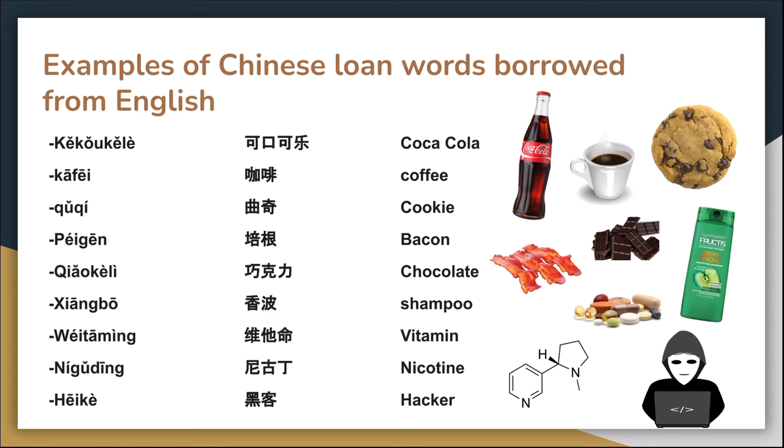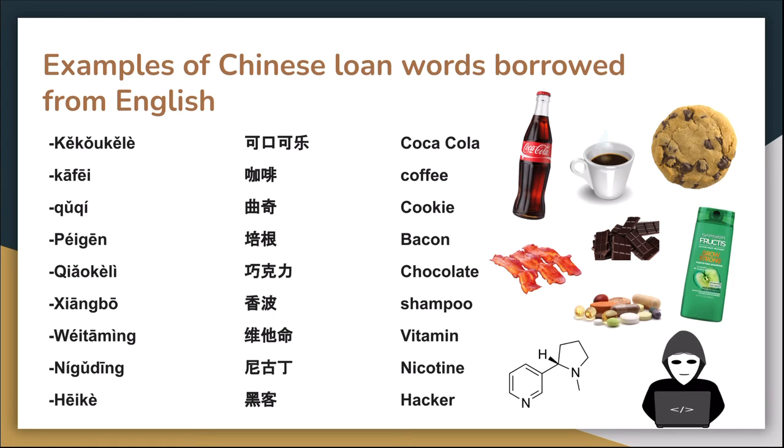This one is bacon. 巧克力. This one is chocolate. 香波. This one is shampoo.